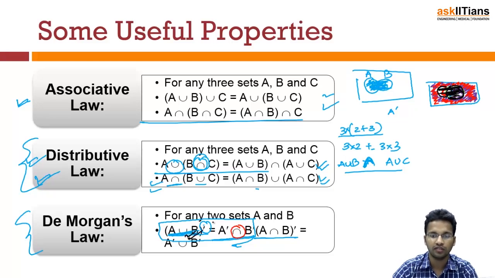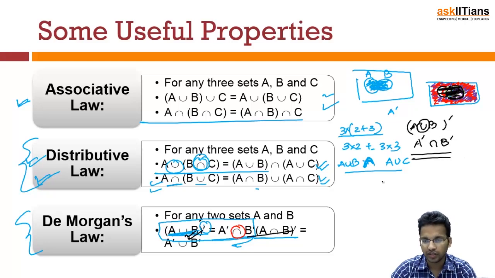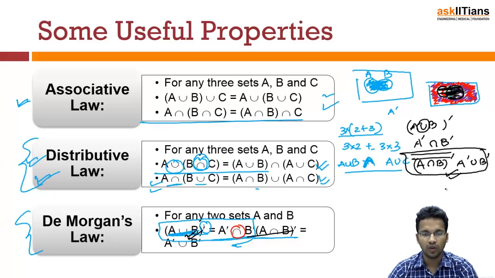So De Morgan's laws is something like if you are doing negation, we invert the sign, same thing we are doing here. If you are taking complement, you will just make the sign opposite like that. Okay, same goes with the intersection. If it's intersection, then it becomes complement. This you can just pause the video and do yourself using the Venn diagram.